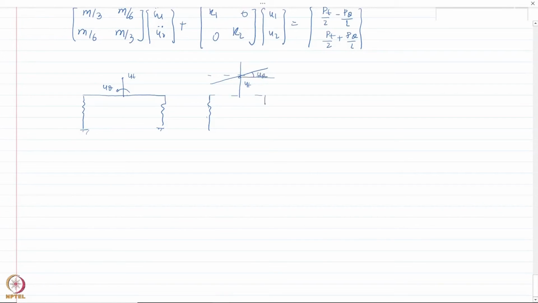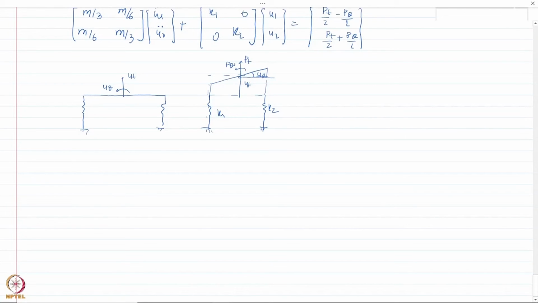The rest of the parameters remain the same, k1, k2. In this case, again I have pt and p theta like that, and you can go ahead and find the equation of motion.